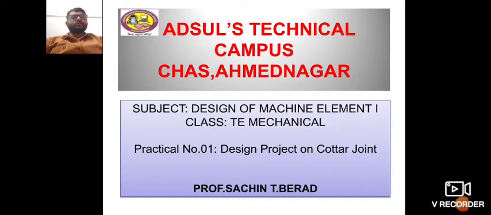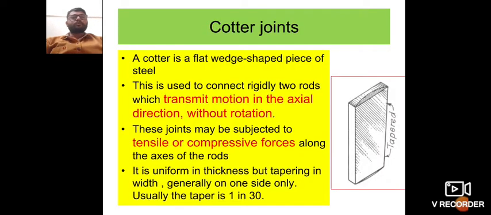Let us explain what is meant by quarter joint. A quarter is a flat wedge-shaped piece of steel. This quarter joint is used to connect two axial rods which transmit motion along the axial direction without any rotation.